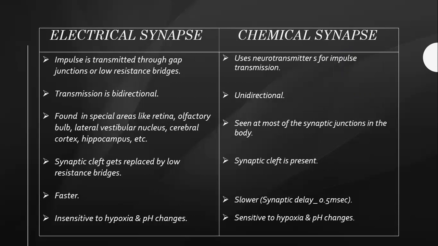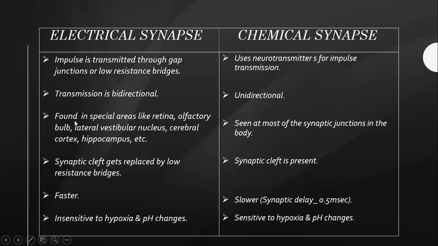So now let's discuss the difference between the electrical and chemical synapses. Impulse is transmitted through gap junctions or low resistance, whereas in chemical synapses, they use neurotransmitters for impulse transmission. In electrical synapses, the transmission is bidirectional, whereas in chemical synapses, it's unidirectional.